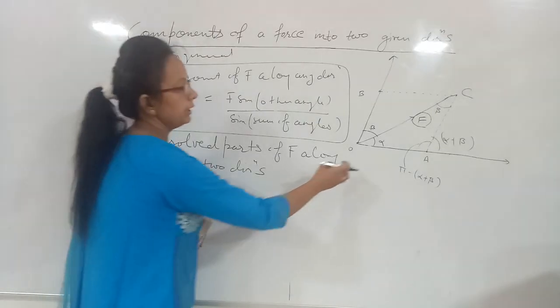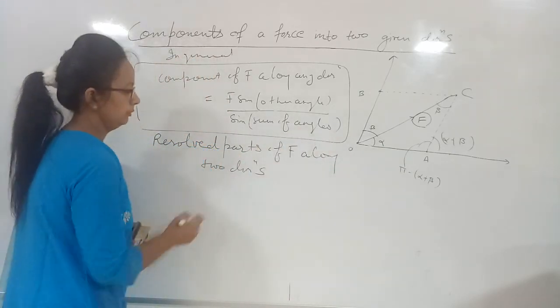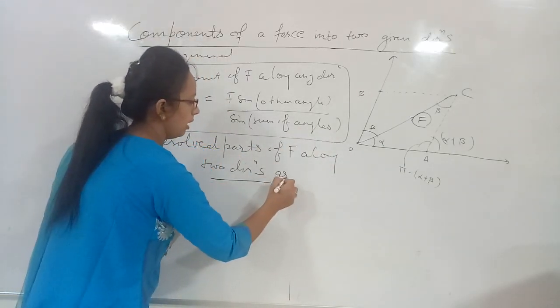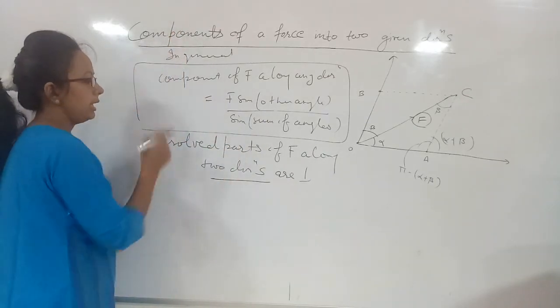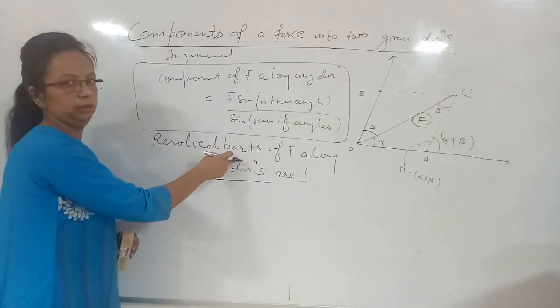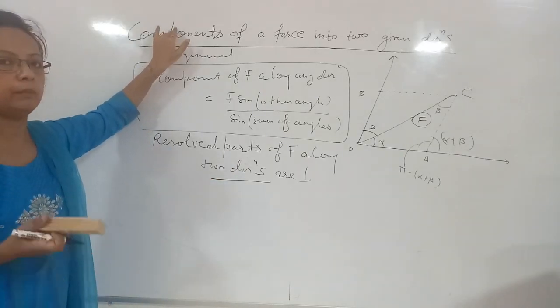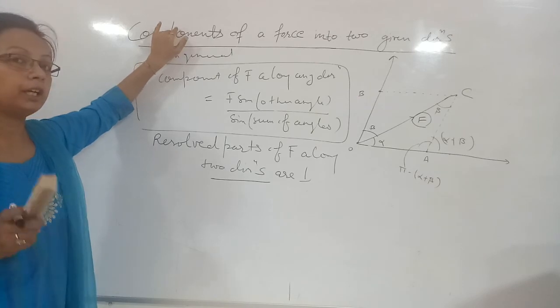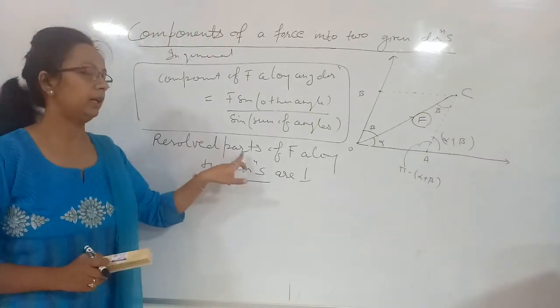If the two given directions are particularly perpendicular, then in place of components we will say they are resolved parts. So in the case of components there may be any two directions whether they are perpendicular or not, but if they are particularly perpendicular, then we will say we have resolved parts.